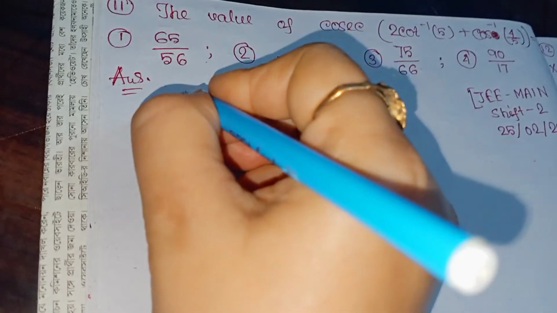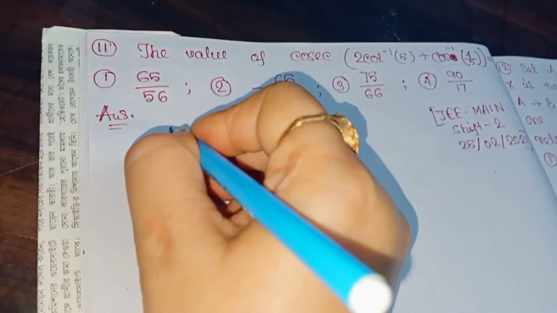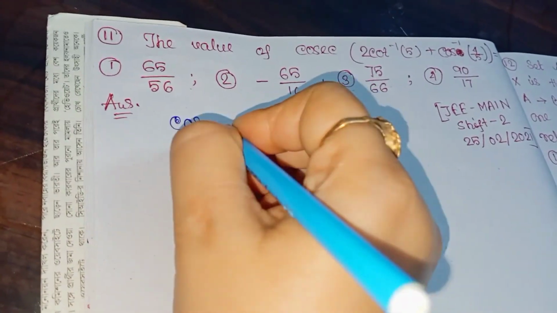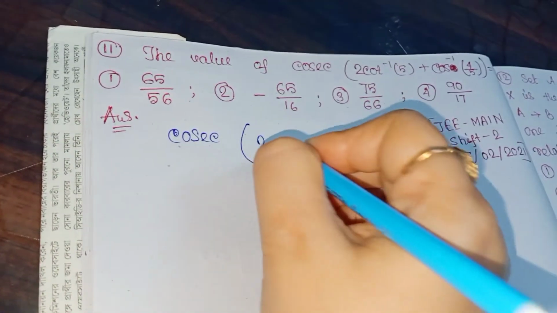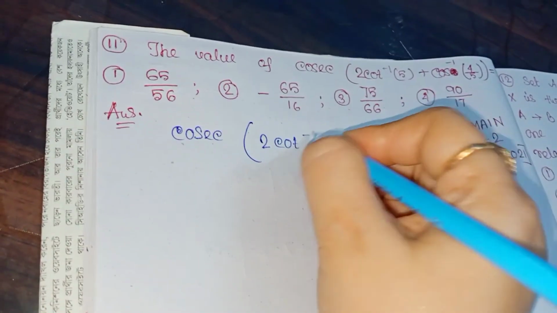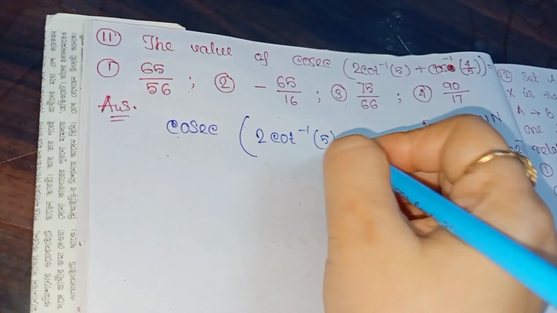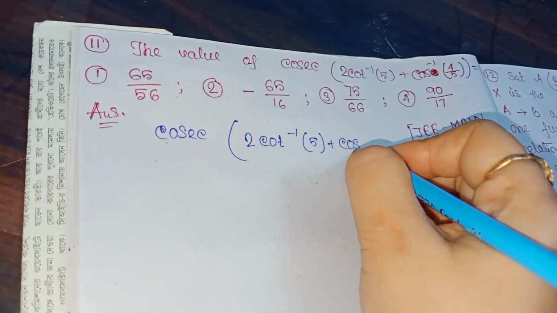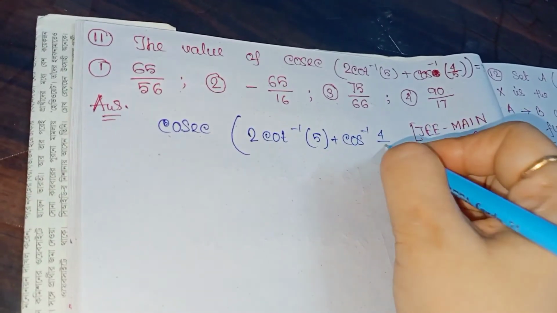At first the given expression is cosec of 2 cot inverse 5 plus cos inverse 4 by 5.